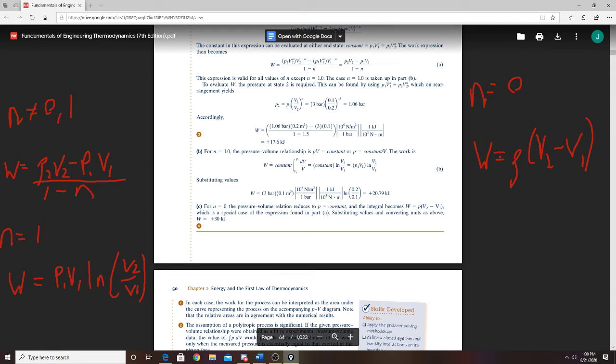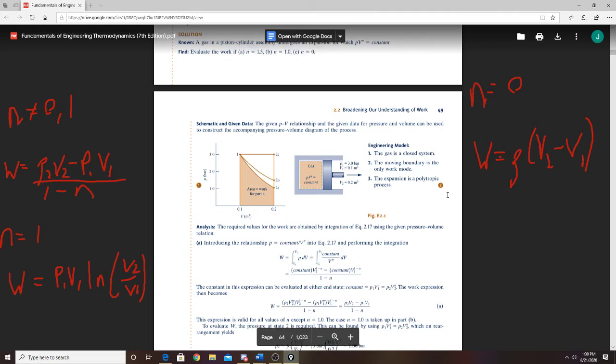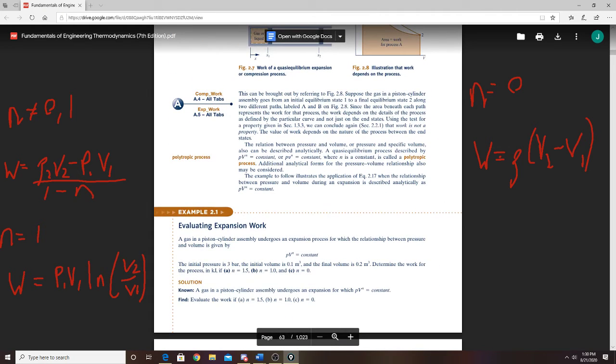So these are the three cases, right? And if your question says the relationship is, let's say, n equals 1, you will use this one. If it says n equals 1.2, you'll use this one. If it says n equals 0, you'll use this one, okay? And these are all derivations of the original equation, which is this right here.